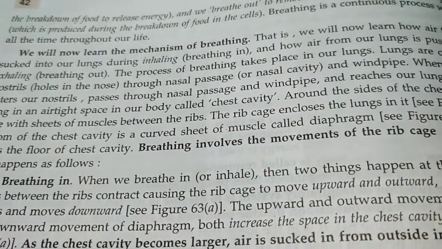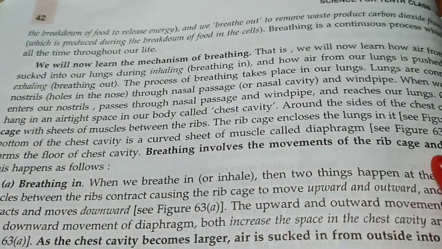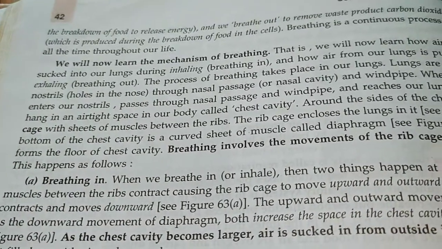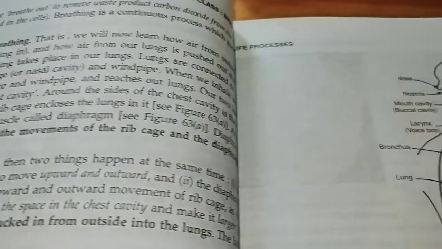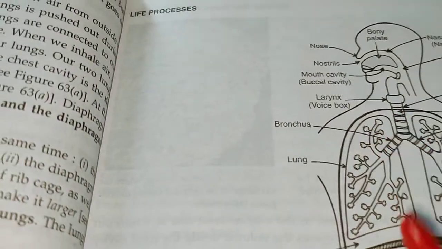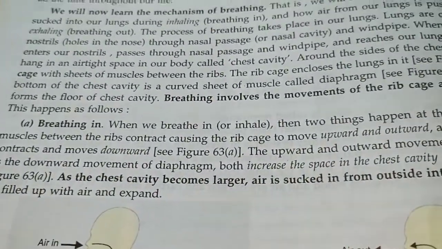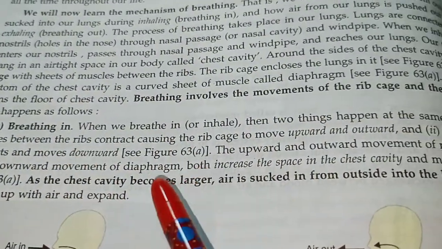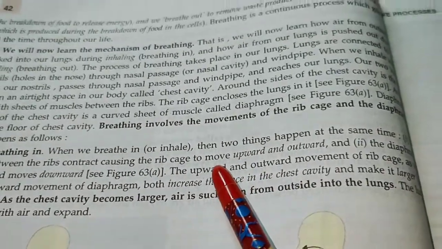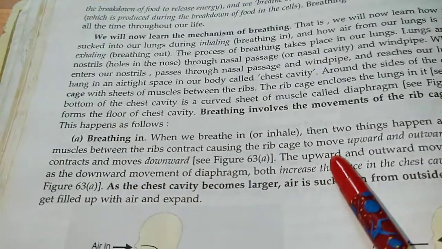Therefore, breathing involves movements of the rib cage and the diaphragm in our body. Let's see how it happens. In the first step, breathing in, when we breathe in or inhale, two things happen at the same time.